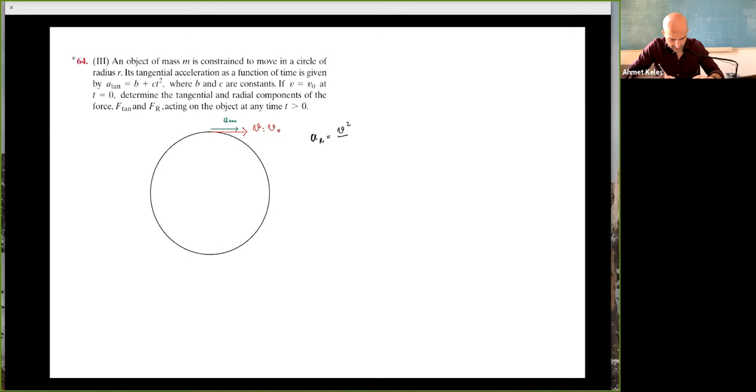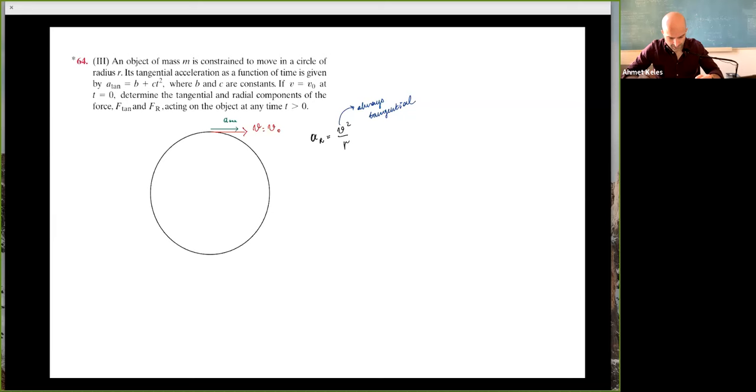Is it given? Okay, r, at any point. So I need to find v, and v here is always tangential. Why? Because this is circular motion. If it was not, it would not be a circular motion.